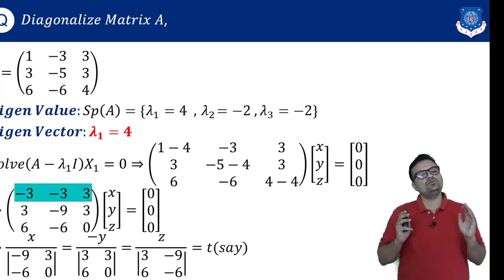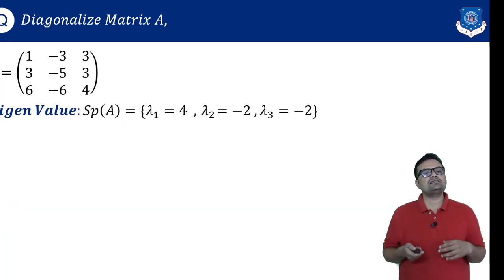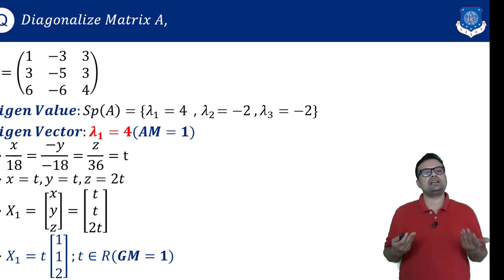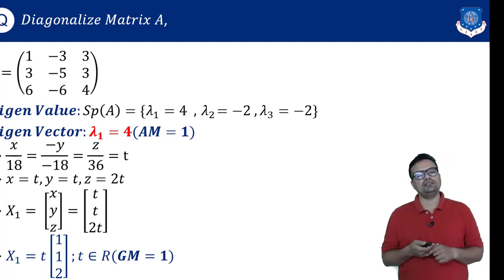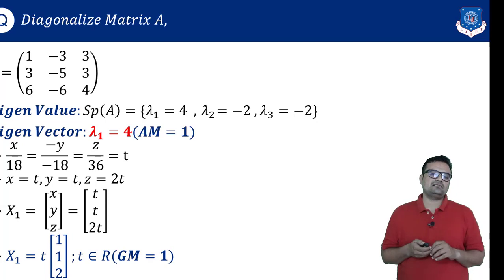Again, I am selecting first row for the calculation. So it gives me x upon 18 minus y upon minus 18 equal to z upon 36 equal to t. So x, y, z is t, t and 2t respectively. And that means x1 is t times (1, 1, 2).